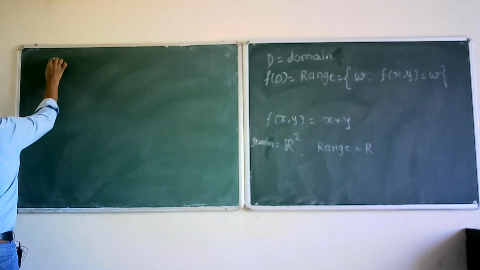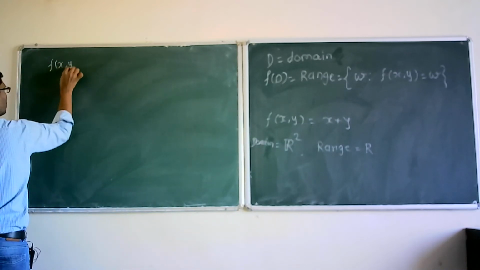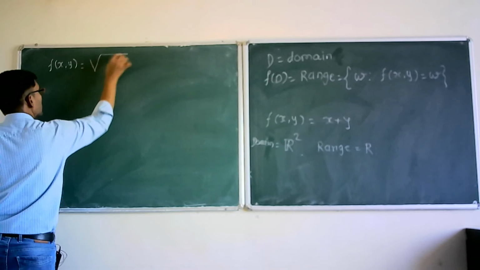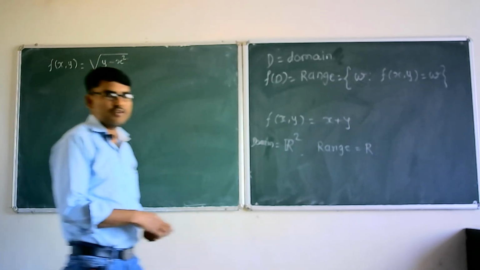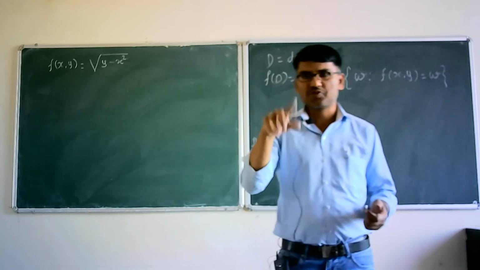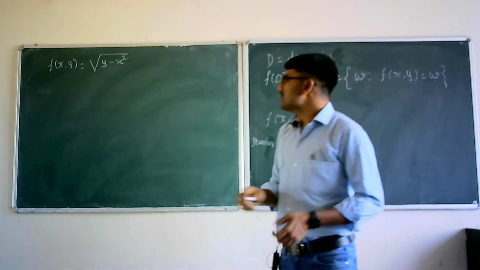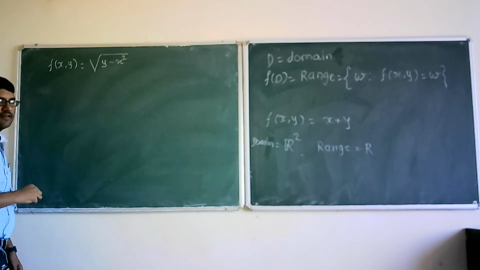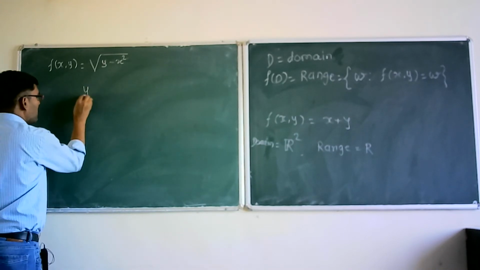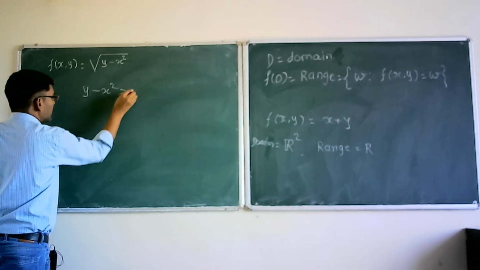Next example: suppose f of xy is equal to the square root of y minus x square. Now what is the domain? Again, we cannot take the square root of a negative number. So this function is defined if y minus x square is greater than or equal to 0.